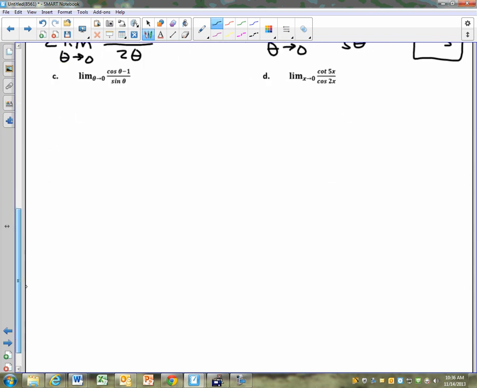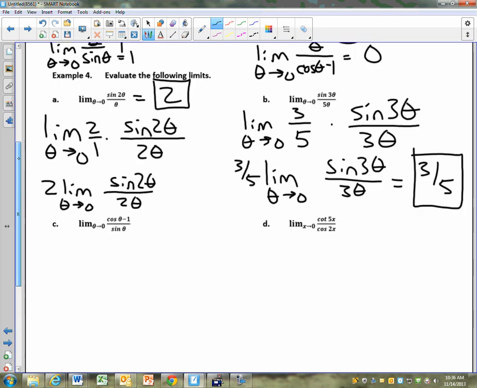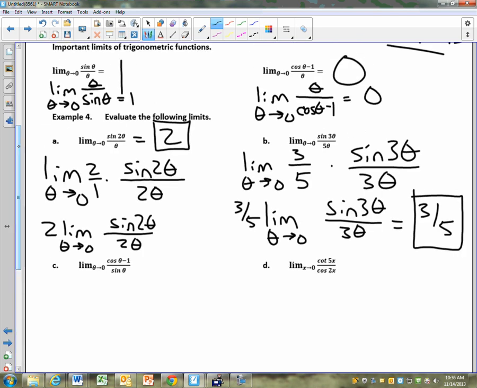So let's look at letter C then. Now you have a sine of theta on the bottom, don't you? And it would be nice if you had what on the top? Well, it looks like it's undefined right away. So you're absolutely right.